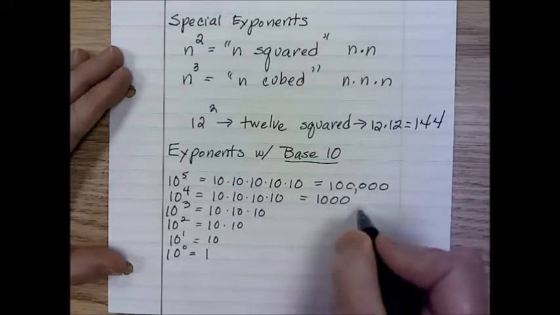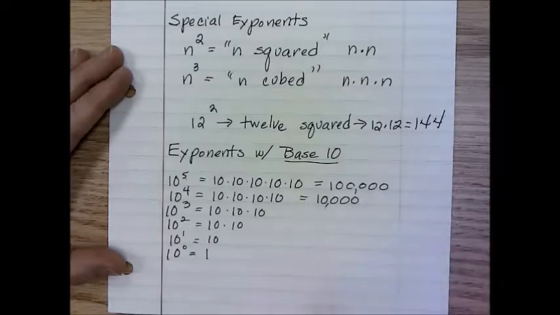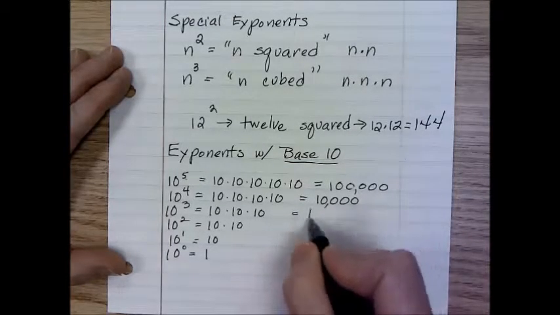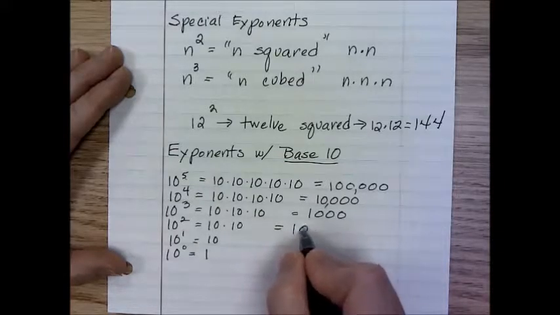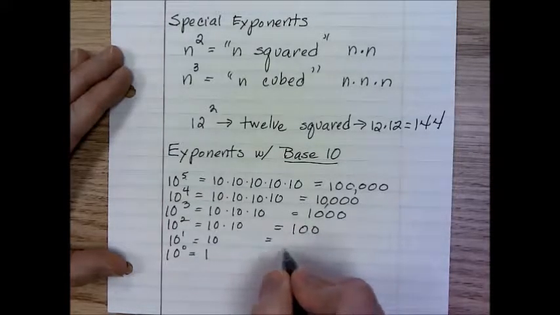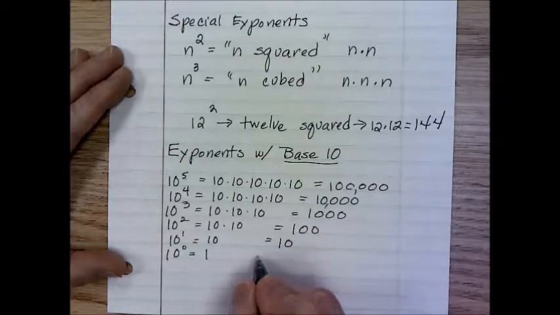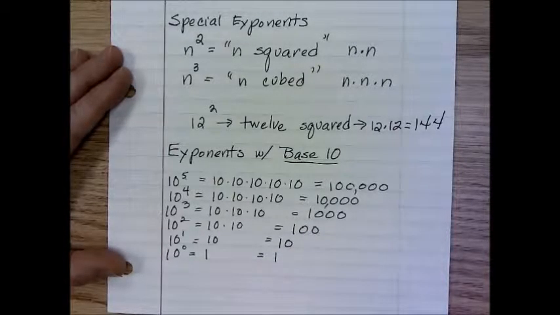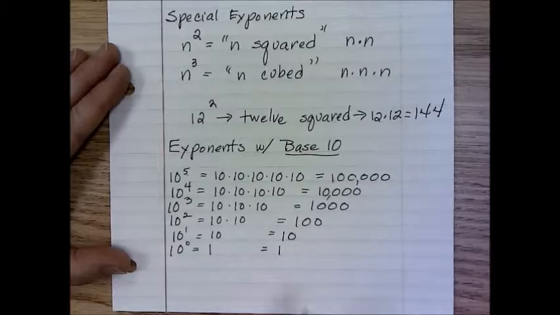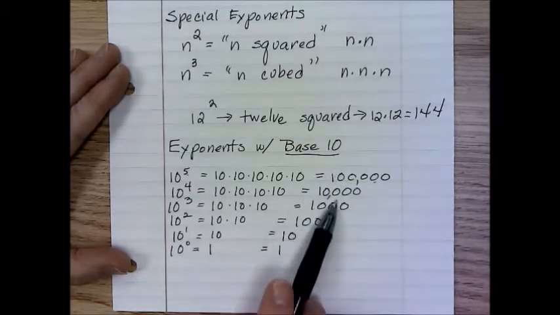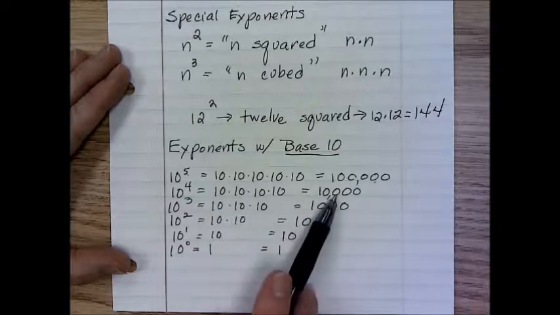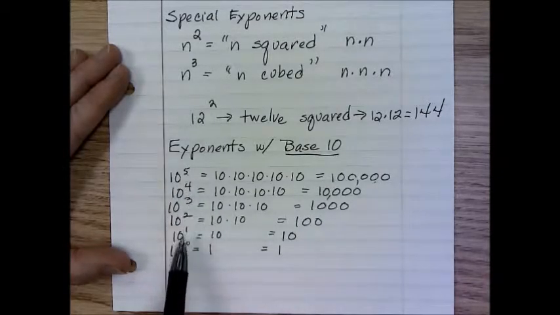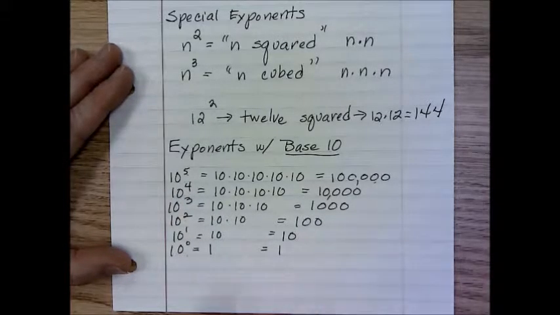It's just going to have 4 zeros. 10 to the 3rd, we'll have 1, 2, 3 zeros. 10 squared, we'll have 2 zeros. 10 to the 1st will have 1 zero, and 10 to the 0 is just 1. So when you're simplifying or evaluating to find the value of 10 to the 5th or 10 to the 4th, it's just going to have that number of zeros.